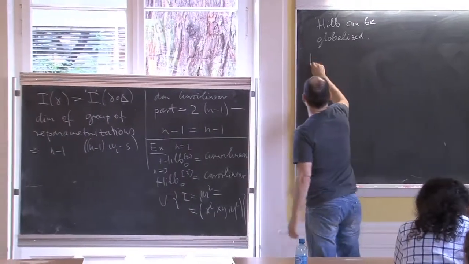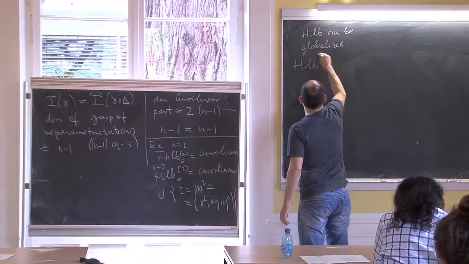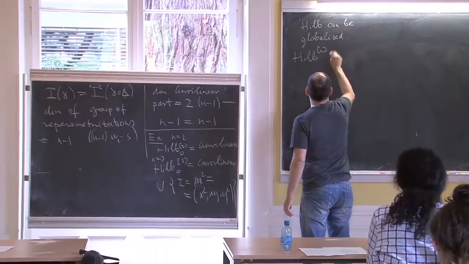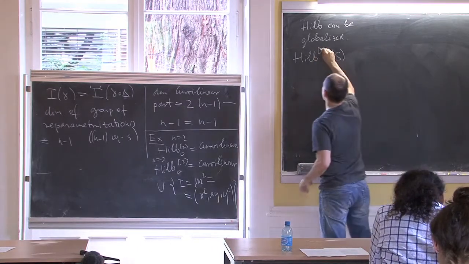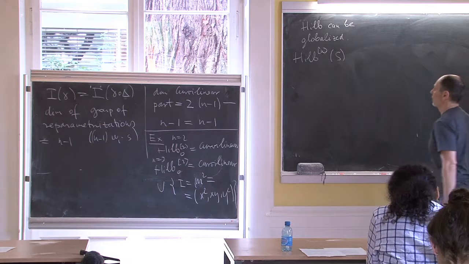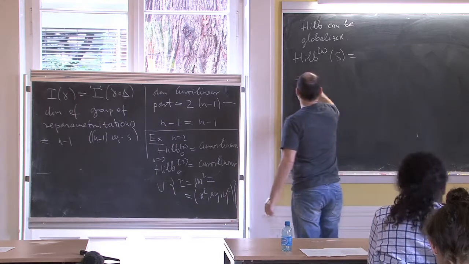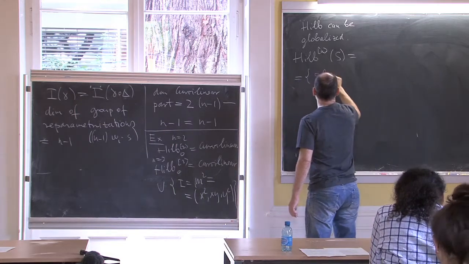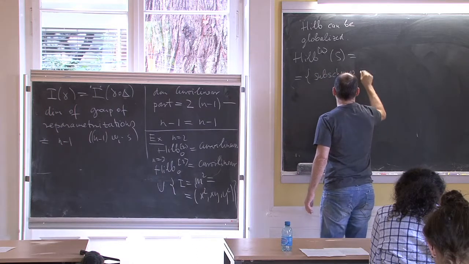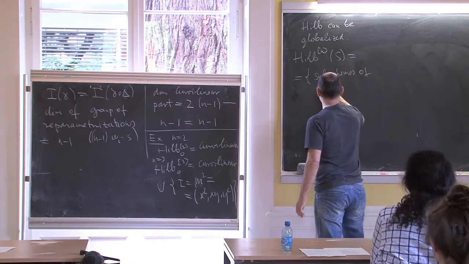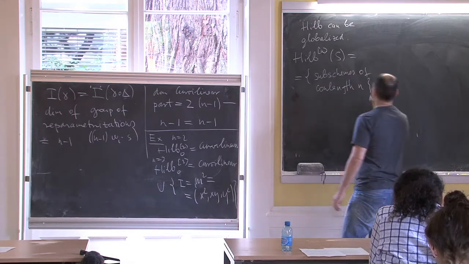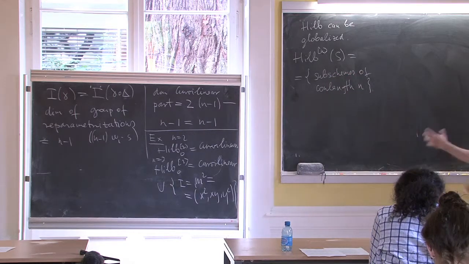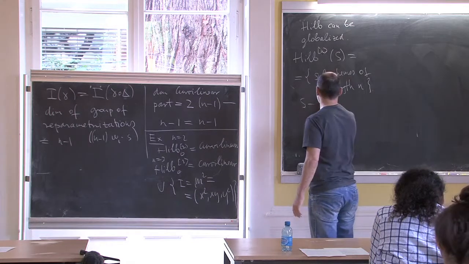So Hilb n of S can be defined in the same way, as subschemes of colength n, where S is any smooth surface.